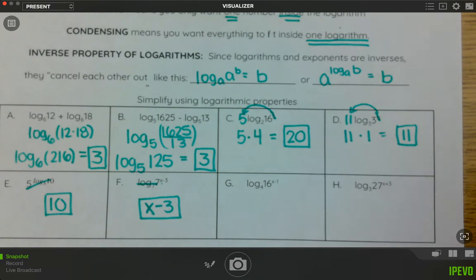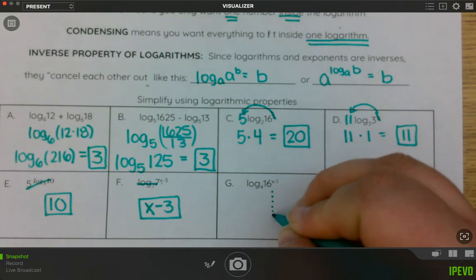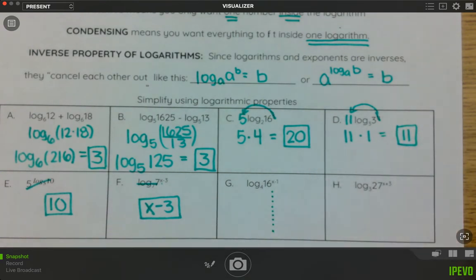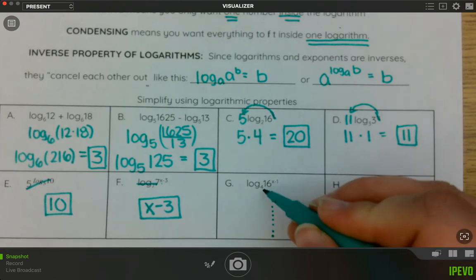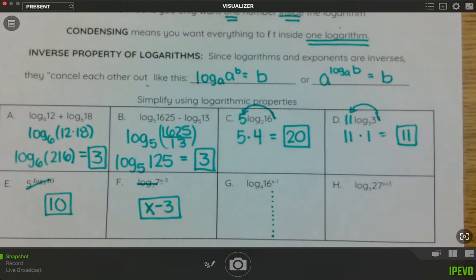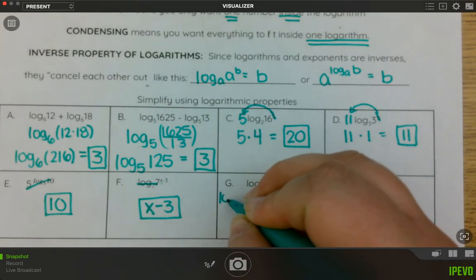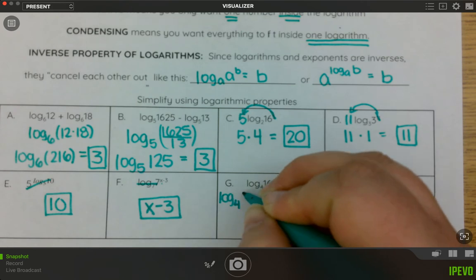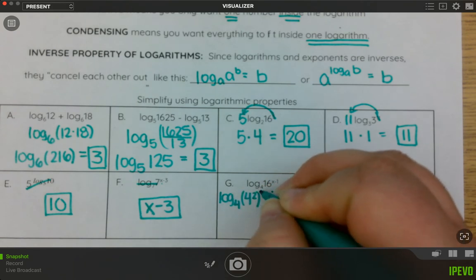And then I'm going to show you guys two ways to do part G. The first way is I need a power of 4 to exchange for my 16 because I want them to be the same like these. And I know that 4 squared is 16. So what I'm going to do is replace 16 with 4 squared.